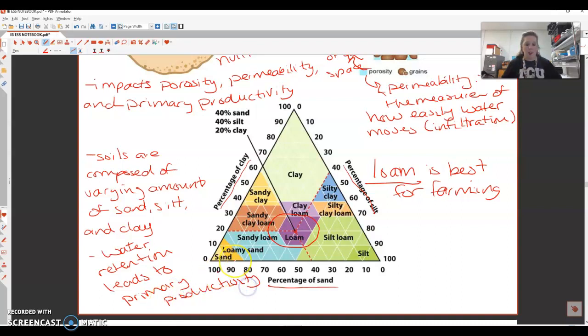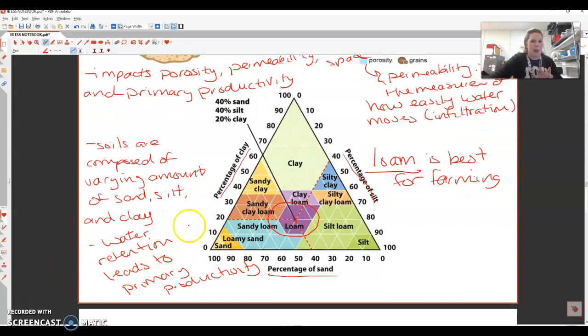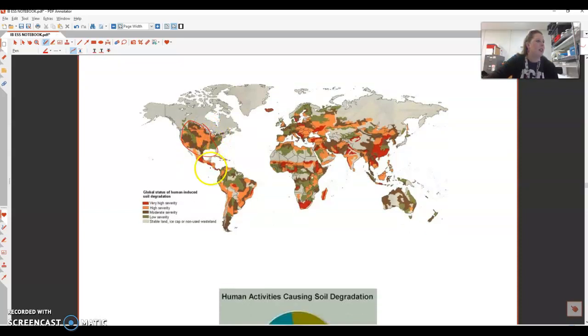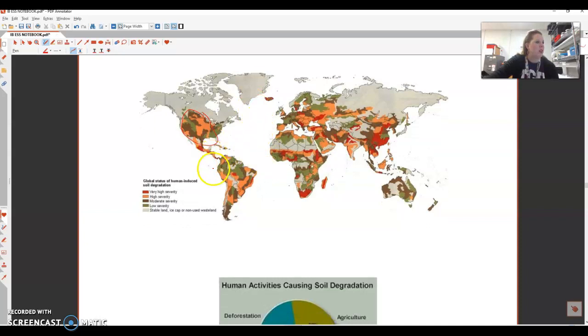Okay, now, what are some things that actually cause soil to go bad? So what are human impacts on soil? So if you look at this map right here, it shows the global status of human-induced soil degradation. So very high severity. You can see there are quite a few places. Even in the United States, we do have some, like the Midwest right here, the region is high severity of human-induced soil degradation.